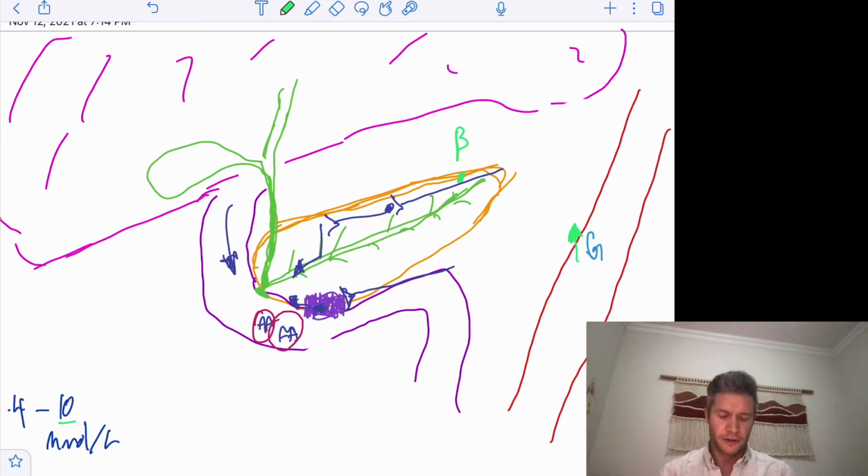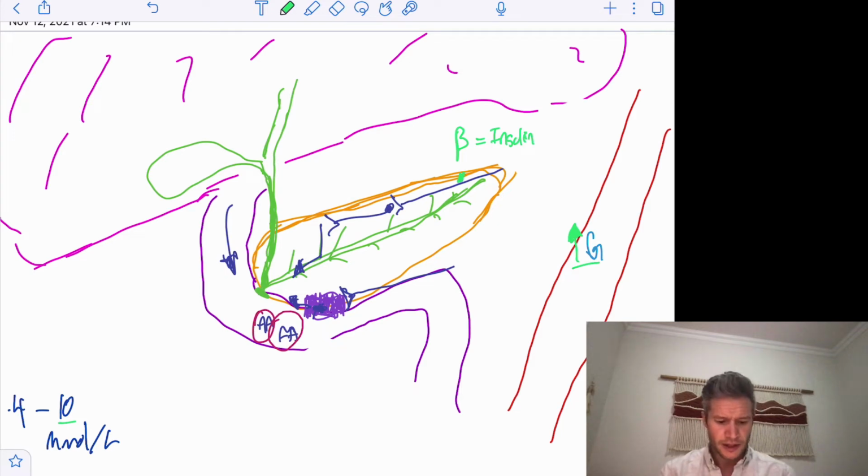Again, there's not too many, but they release insulin. So beta cells equals insulin when they sense that glucose is too high.